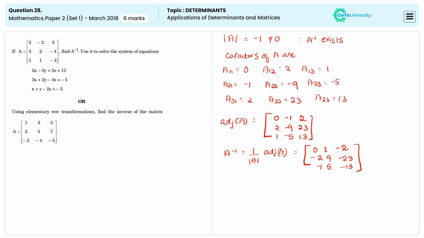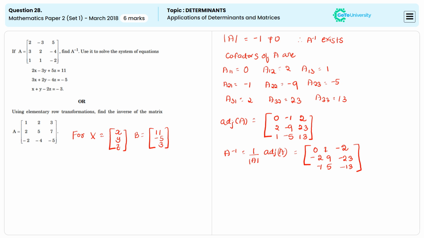Now to solve the linear set of equations we can convert the unknown variable matrix X as a 3 cross 1 matrix, which is x, y, z, and we can take the matrix B as the constant values on the right hand side in a 3 cross 1 matrix, 11, minus 5, and minus 3.